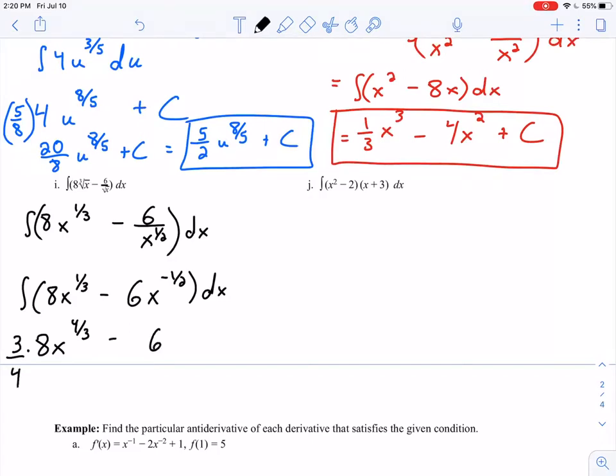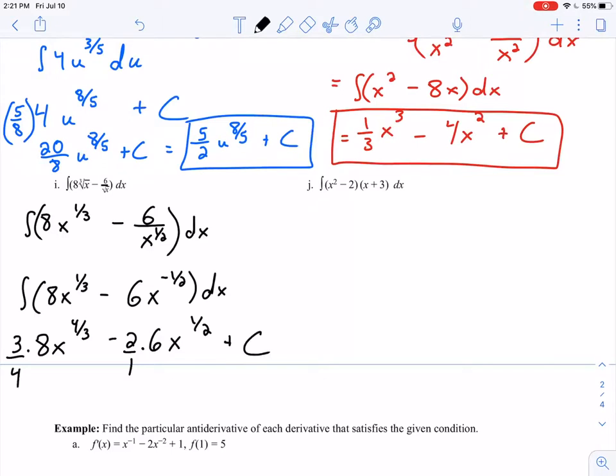Minus 6 over here, x, I'm going to add 1 to the power. 1, that's the same as 2 over 2. So 2 over 2 plus negative 1 over 2, I should have a positive 1 over 2. Again, rather than divide by 1/2, it'd be a lot easier if I multiplied by the reciprocal, this time 2 over 1. Plus my constant of integration c.